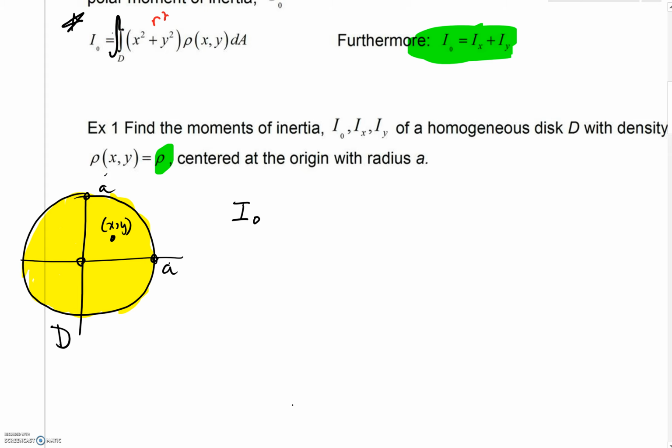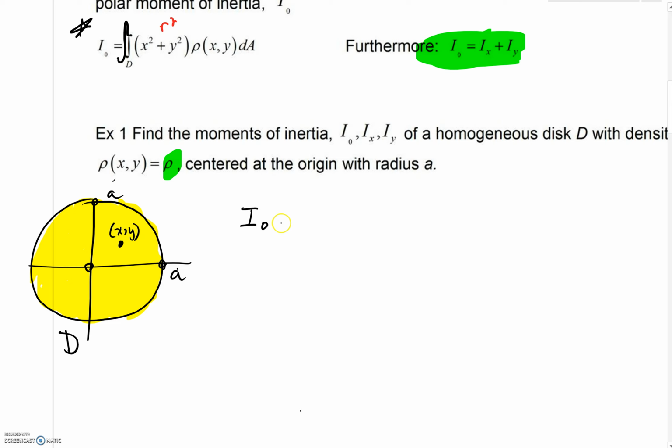As we're working out this polar moment, you can see that this is going to be the double integral over some domain D, that circle we have in yellow. We'll have our x squared plus y squared times our constant function rho, and here's our dA. We just saw that x squared plus y squared equals r squared.